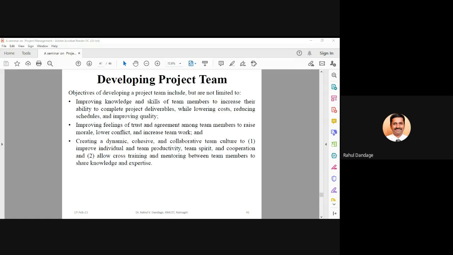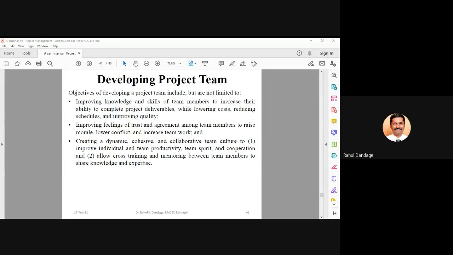Improving feeling of trust and agreement among team members to raise the morale, lower the conflicts, and increase the teamwork. When you are developing the project team, the development should not be only in terms of the knowledge and skills of project team members, but it should also create some emotional bonding between the team members. There should be creation of trust and agreement among each other, and this building of trust and agreement among the team members is definitely going to raise the morale.